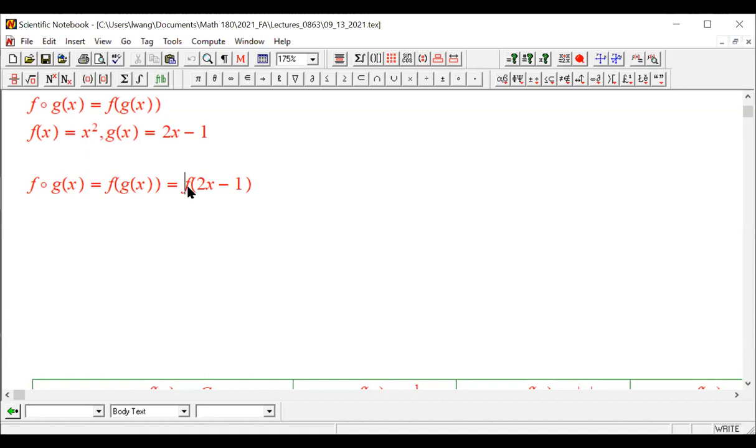Now, what is f of 2x minus 1? See, this is the rule for f. When I substitute x by 2x minus 1, this x will also be substituted by 2x minus 1. Does everybody follow me?